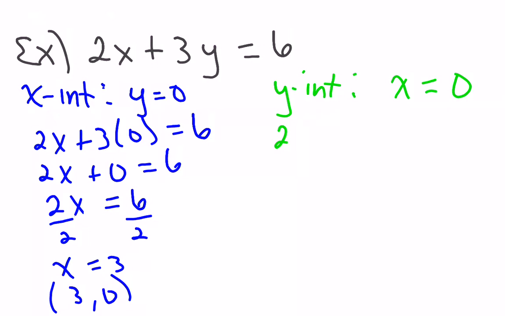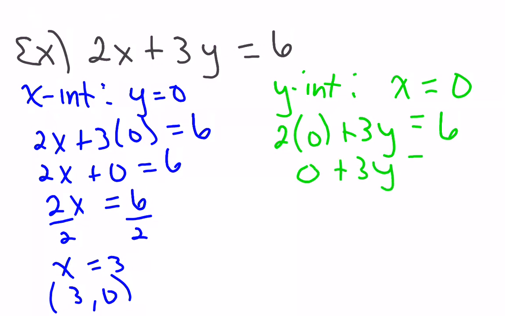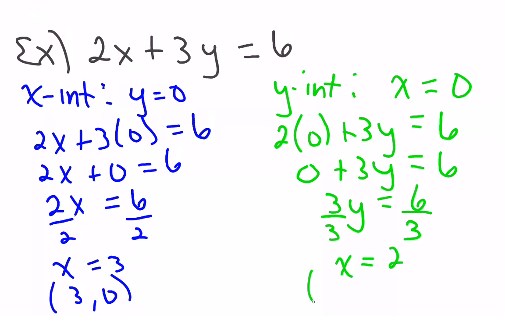All right, so let's plug that in. 2 times 0 plus 3y equals 6. 2 times 0 is 0. We get 3y equals 6. Divide both sides by 3. 6 divided by 3 is 2. And so the y-intercept is at the point 2, 0.